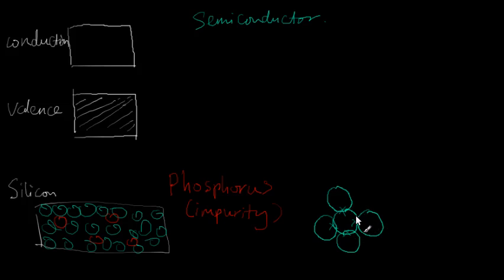So each silicon atom would have 4 electrons in the outermost shell, and they would share with the electrons from the other silicon atoms, so that around each silicon atom there would be 8 electrons.